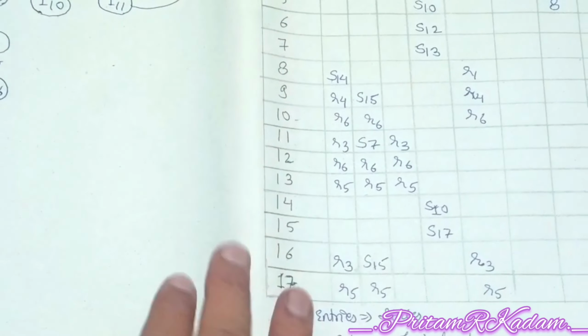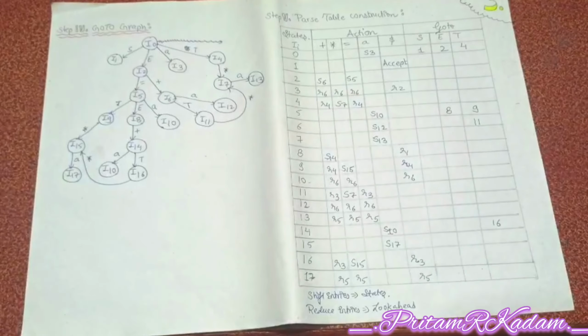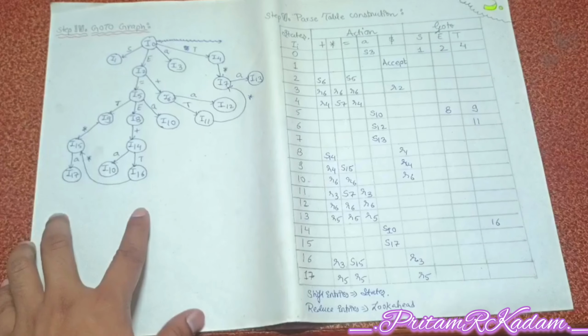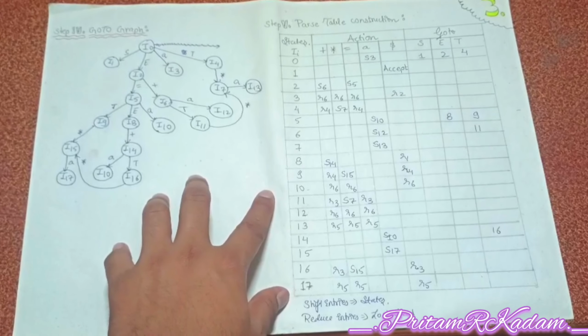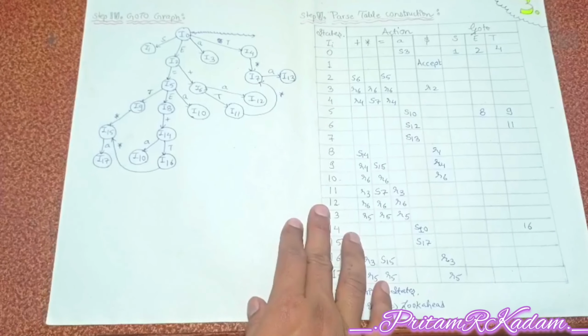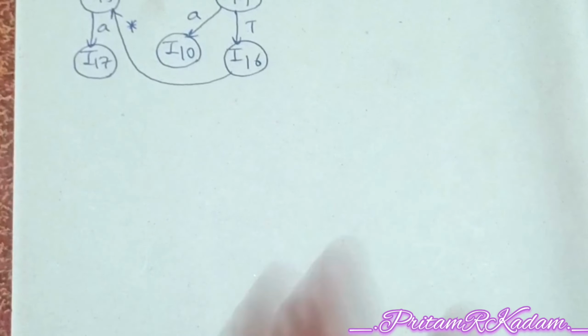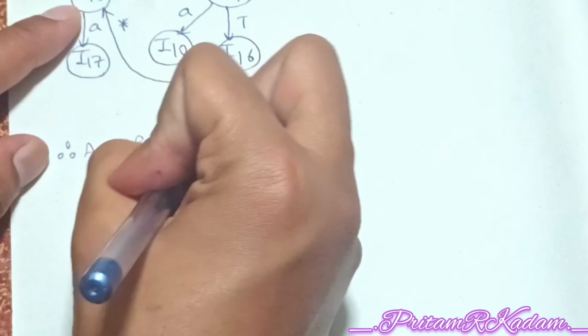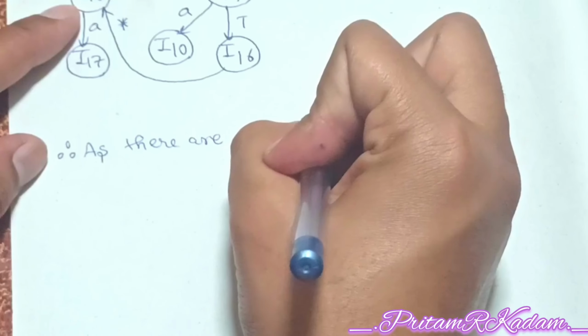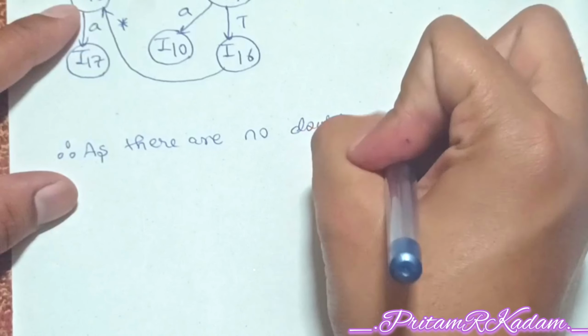Okay, so now as we have completed writing the input in the CLR parsing table, we can conclude that as there were no double entries, the given grammar was a CLR grammar. Okay, so we can write that conclusion and we can end the answer. So we have completed the augmented grammar, then we found the states, then we wrote the goto, and then we also filled the CLR parsing table, and from that table we can see there were no double entries.